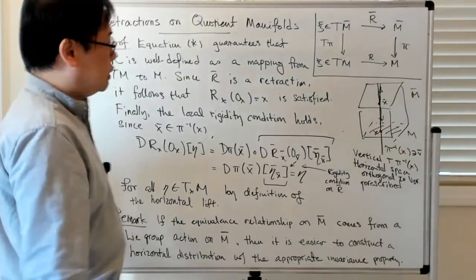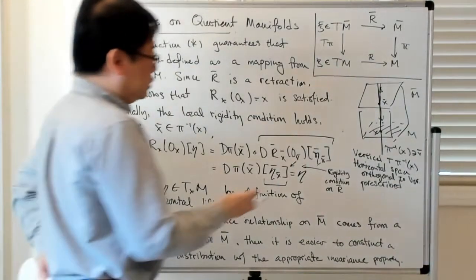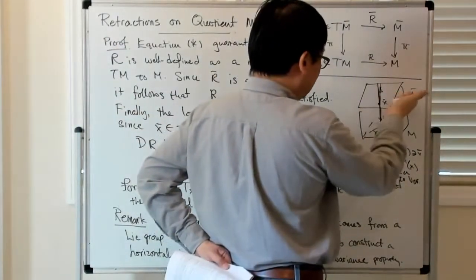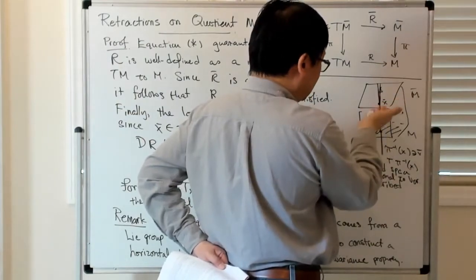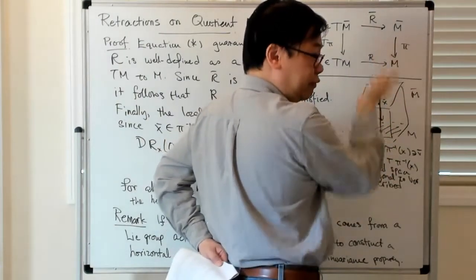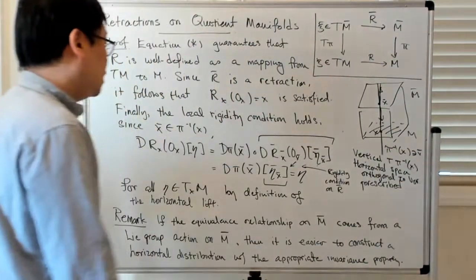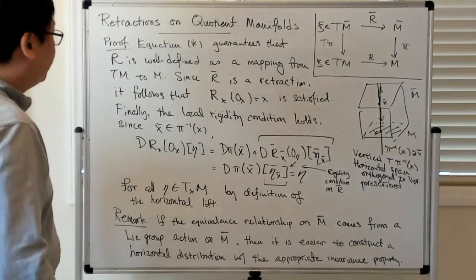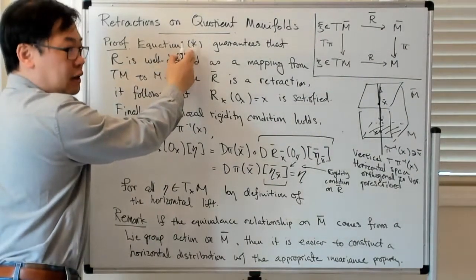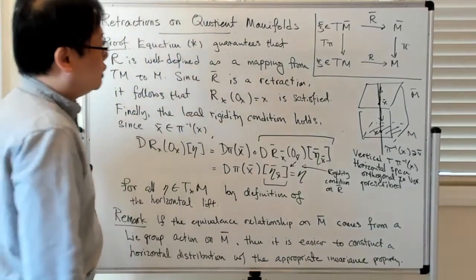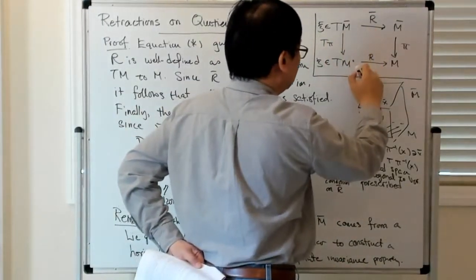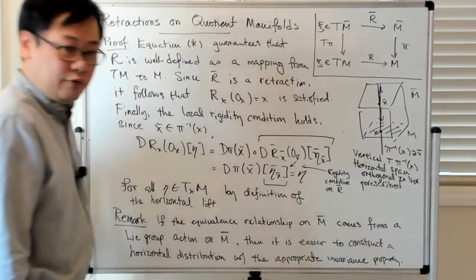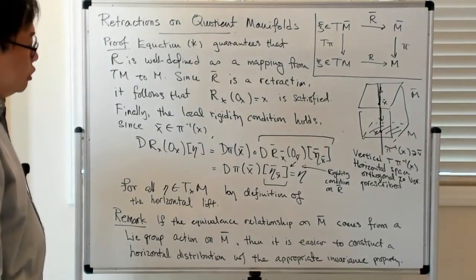Then there becomes a very systematic way to take the choice of a particular horizontal space at a particular point and then move it everywhere and transform it in such a way that it becomes easier to satisfy this condition on the retraction on the full space and have it induce a well-defined retraction on the quotient space.